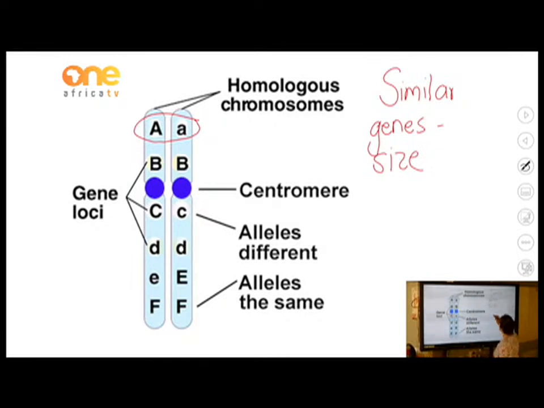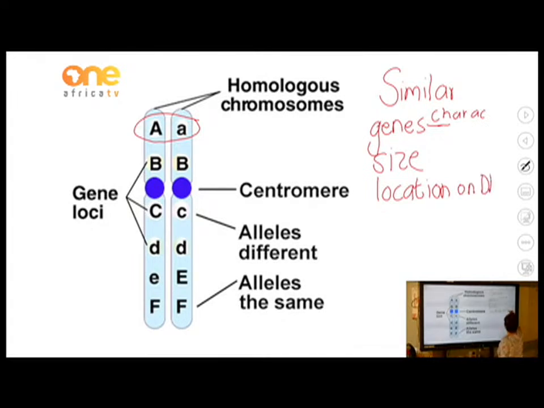They will be the same size, and they will be on the same location on the DNA. They will have the gene for the same characteristics. They will be the same size and they will have the same location on the DNA.